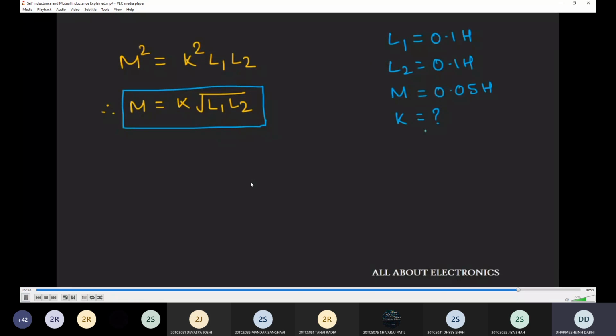So now let us take a simple example and find the value of this coefficient of coupling K. Here we have given the value of L1, L2 and M, and we need to find the value of the coefficient of coupling.